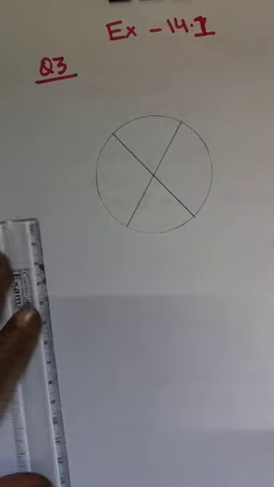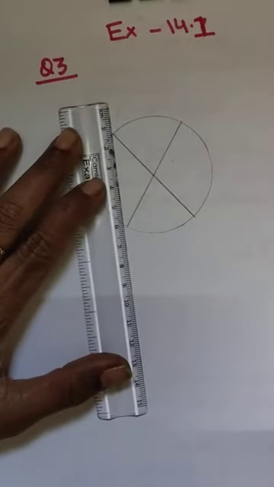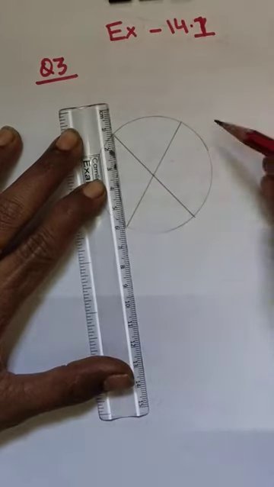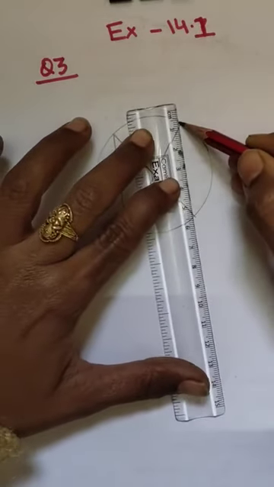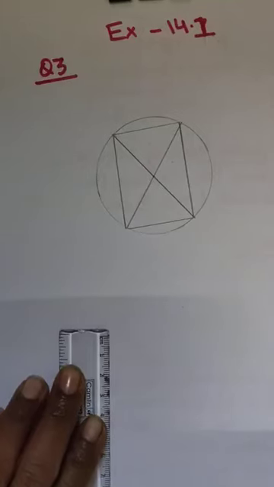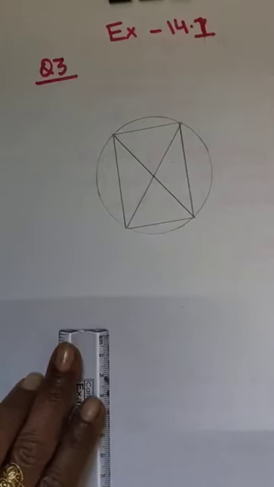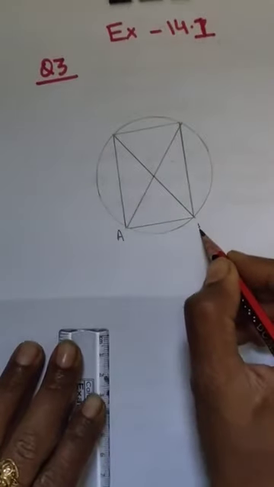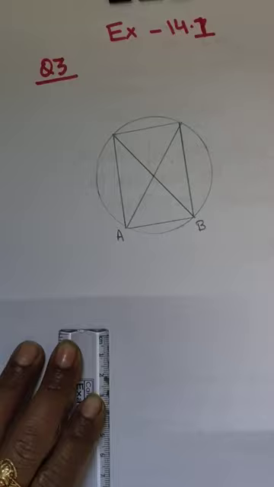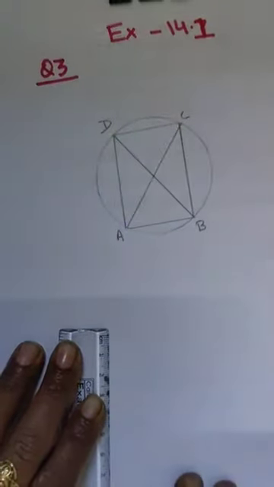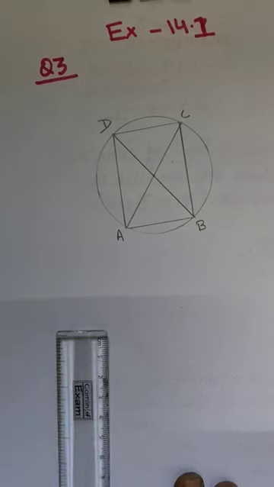So let us join its endpoints. These are the endpoints. Join them. See, I have joined all the endpoints. Okay, now name them A, B, C, D.